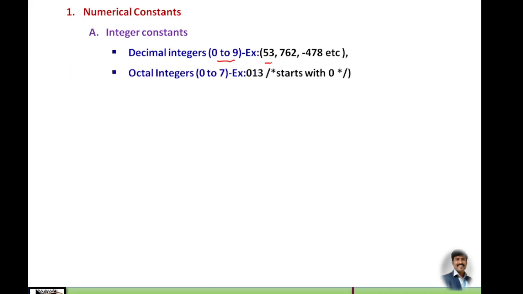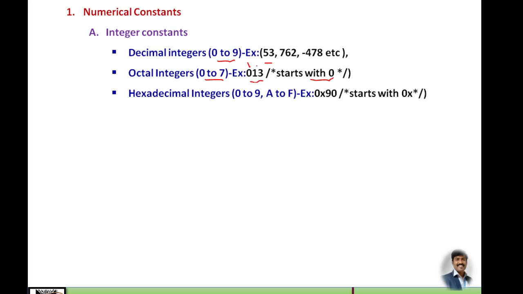And we have the second type of integer constants, called octal integers. In octal integers, digits 0 to 7 are used, and every octal integer should be prefixed with the letter O. Let us take an example. Here 13 is an octal number, prefixed with O, so this whole number is treated as an octal number.